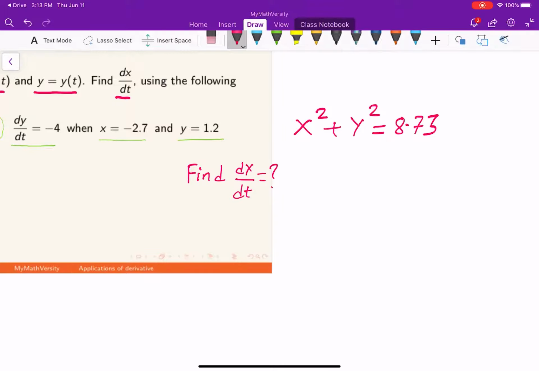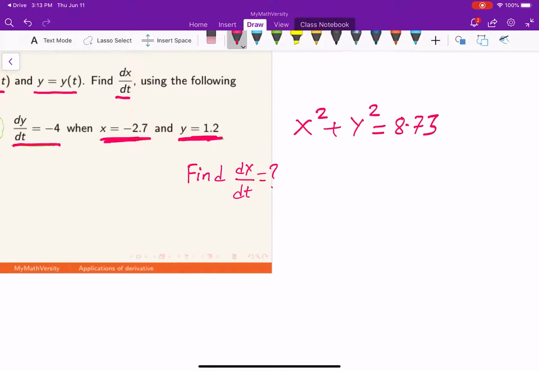That means we need to figure out the rate of change of x with respect to t. And what else information do we have? We are given the rate of change of y with respect to t is -4 when x equals -2.7 and y equals 1.2. So we try to figure out the rate of change of x with respect to t when x equals -2.7 and y equals 1.2.